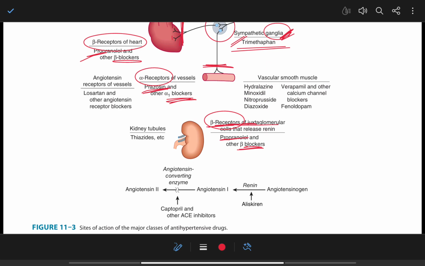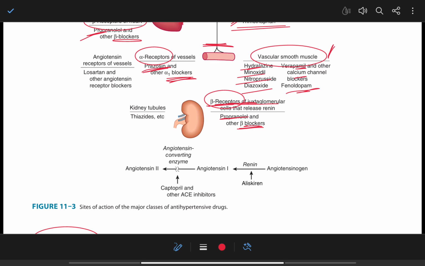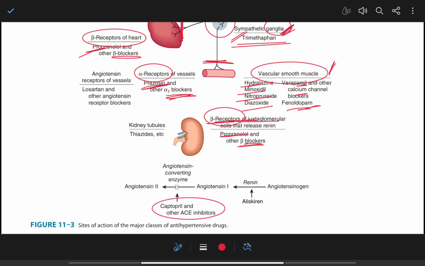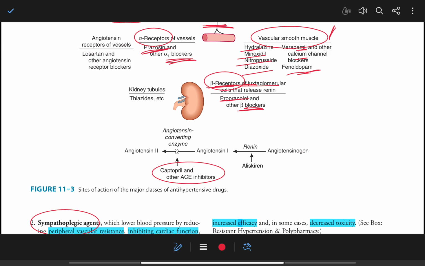Then we also have the ones that act on the renin-angiotensin pathway. You can see them here. That's where you have your captopril and other ACE inhibitors. We also have your angiotensin receptor blockers, losartan and others. Then lastly, we have the diuretics.